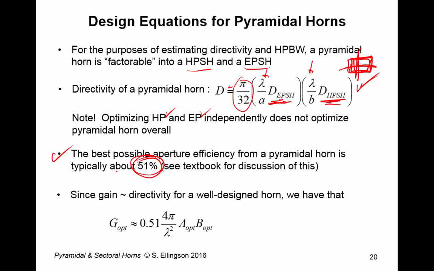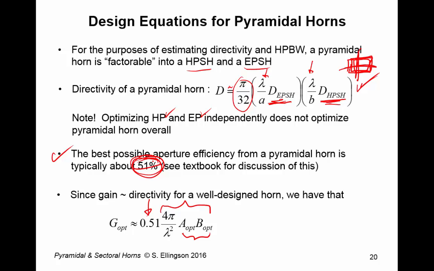Now this is useful because we also know that we can relate aperture efficiency to gain. Now this would be the effective aperture of an ideal aperture. So what we should actually expect for the best possible designed horn, pyramidal horn, would be that the actual gain should be less than by this factor, 0.51.